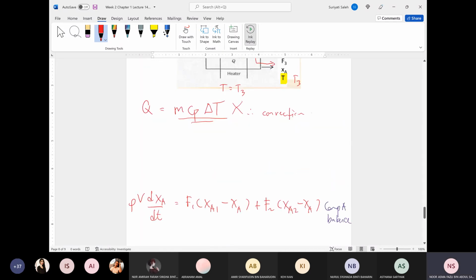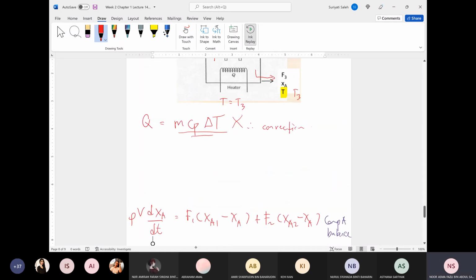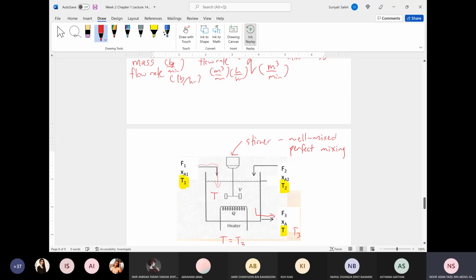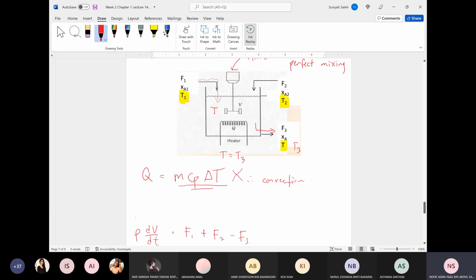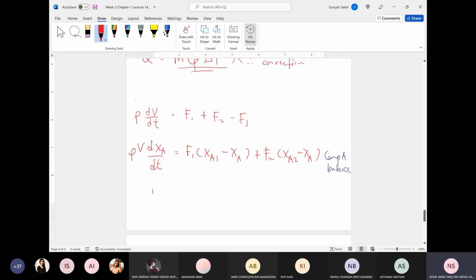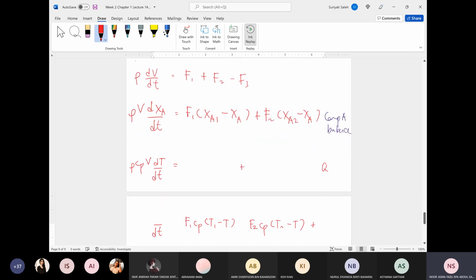So we have three balances: the energy, the overall mass, and the component. This represents the common balances that need to be developed in our study.